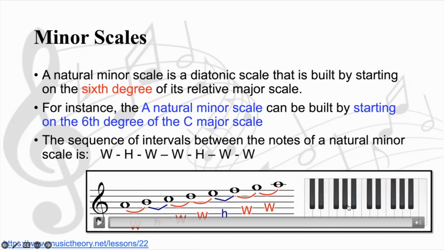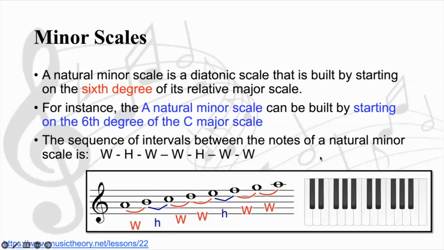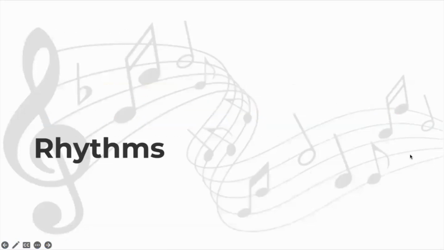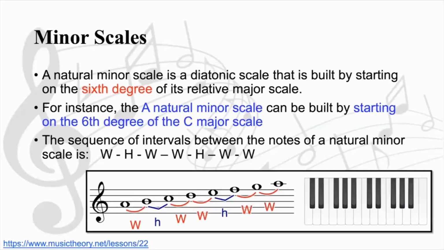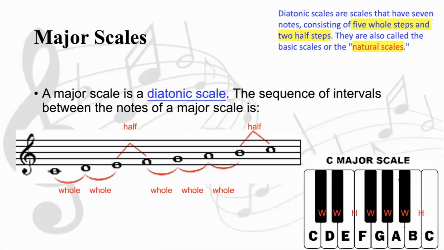Through this picture, we can understand the whole step and half step and the formation of this minor scale. Okay. Till now, do you have any questions concerning the major and minor scales? Because when we are singing hymns, we need to know the major and minor scales.